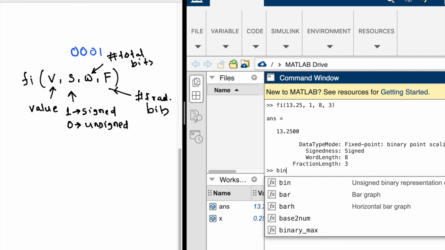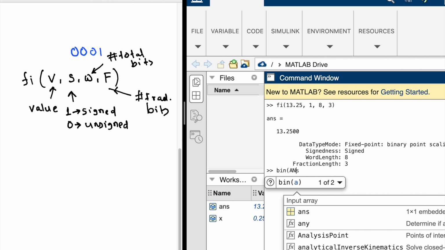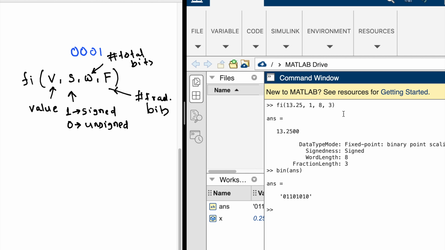Just to get a binary number, let's take this. Okay, so the number that we got is 0 1 1 0 1 0 1 0.